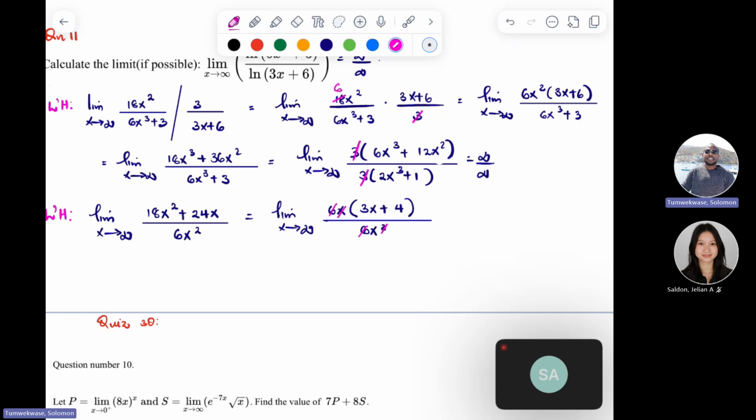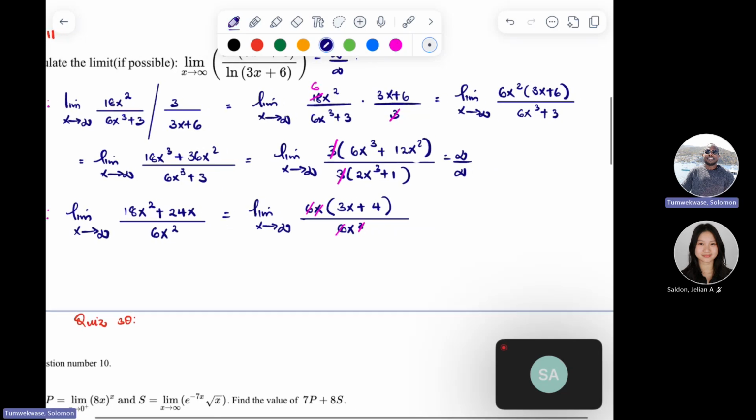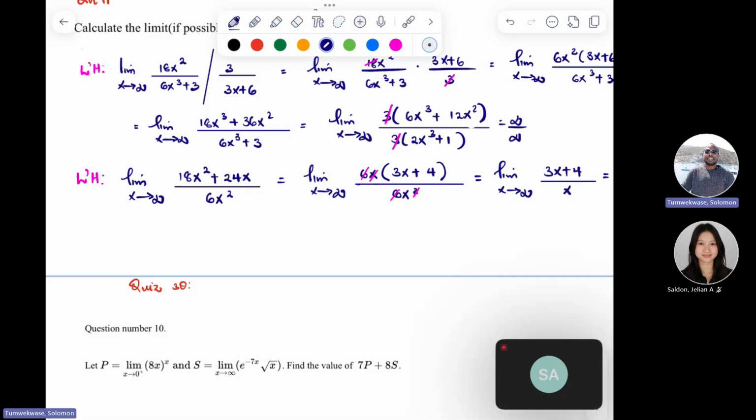This one becomes the limit as x approaches infinity of (3x plus 4) over x. Once again, if I try to take the limit of this function, I'll still have infinity over infinity, and therefore I need to take L'Hopital's for the third time.